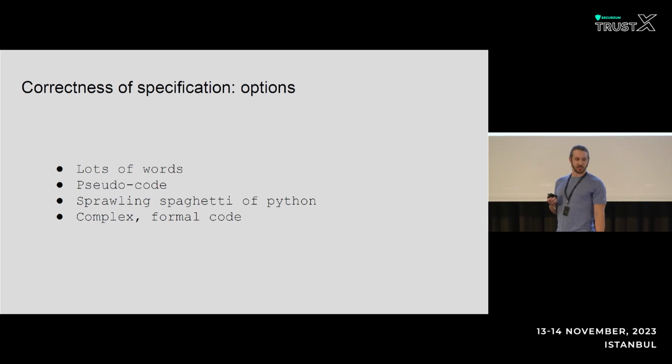There are some merits to just writing down the damn thing. You can also have pseudocode, which is the path that we went for the consensus layer for a bit. Eventually, that transitioned into sprawling spaghetti of Python code. We were writing pseudocode that looked a lot like Python, so then we thought, maybe we'll write some Python.